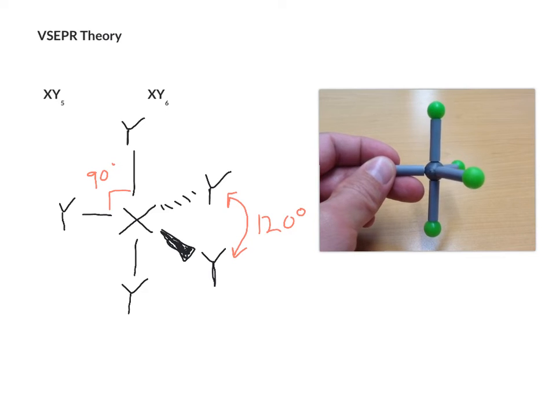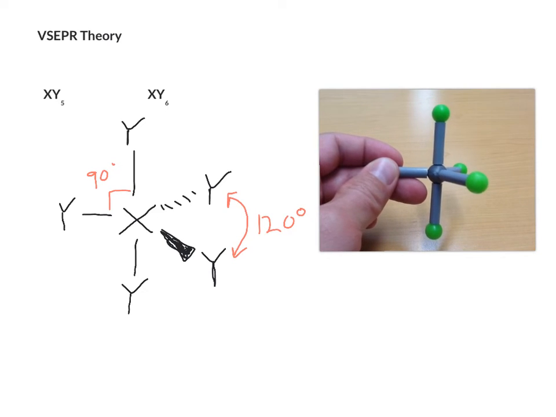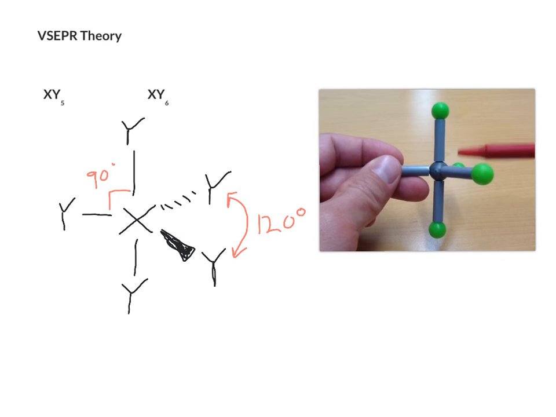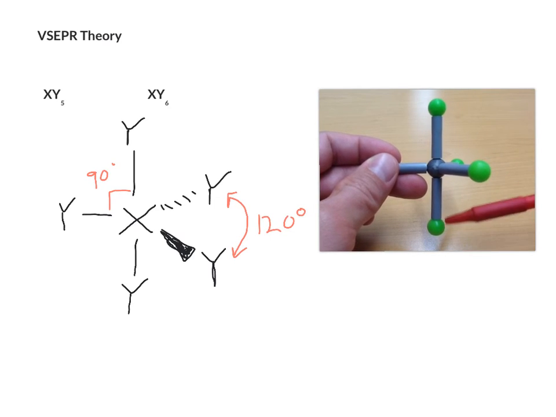If you look at the drawing on your left, correlating that with the model, this bond is the bond on the wedge coming out at you. This is on a dash going back away from your eye. These are axial positions. That's the reason they're called axial. If you picture the Earth, its axis cuts through the center, the North Pole and the South Pole.